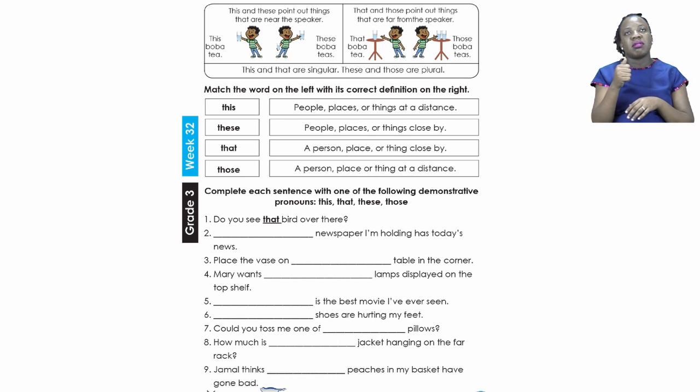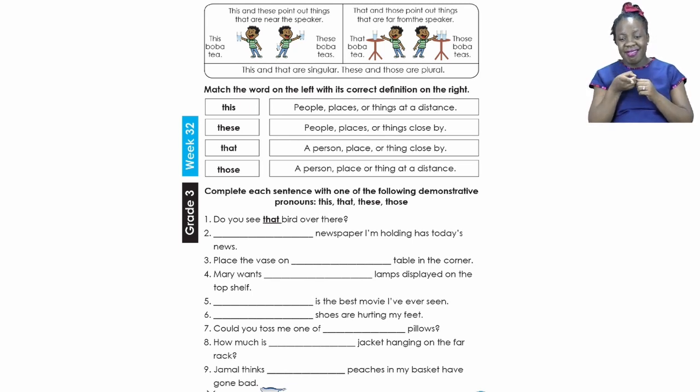It says, this and these point out things that are near the speaker. As you can see, he is talking about a glass of tea. He is saying, this is boba tea. Then the next one is, these are boba teas.